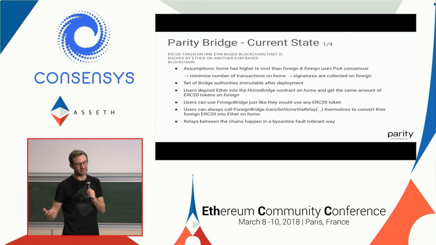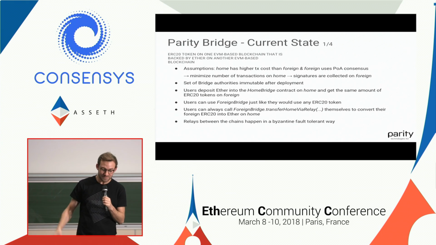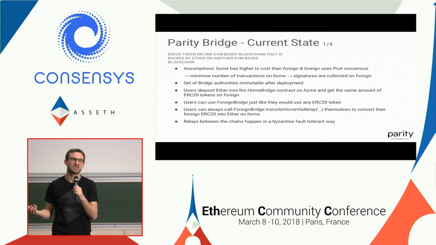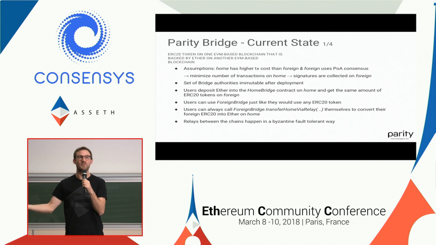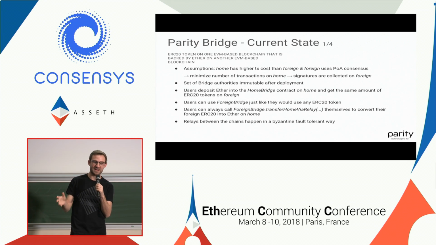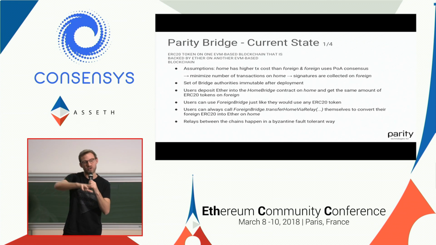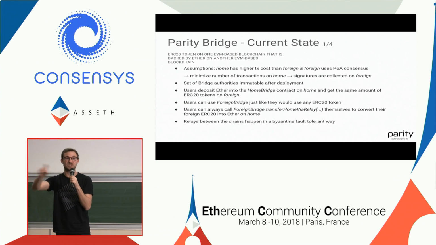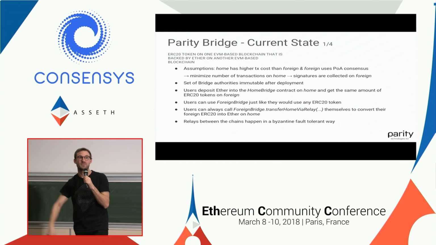And the other reason is if the transaction costs are not lower on the foreign network, obviously you don't gain anything. Therefore, we tried in our solution to minimize any transactions that would happen on home and try to offload all the transactions in the bridging process to the foreign network, in that case, Kovan.